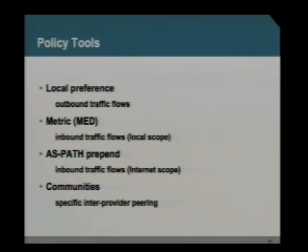The AS path prepend is for inbound traffic flows, but it has an internet scope. What an AS path prepend is, on your outbound routing announcement, you will change the apparent length of the AS path. So you make it look longer than it really is. You can't make it shorter than it really is.